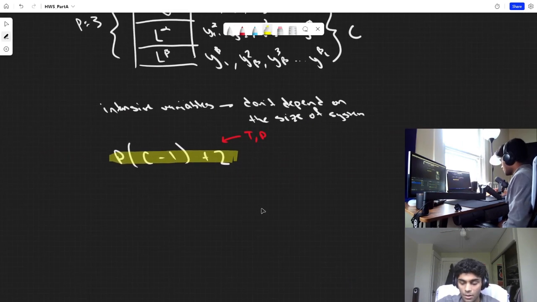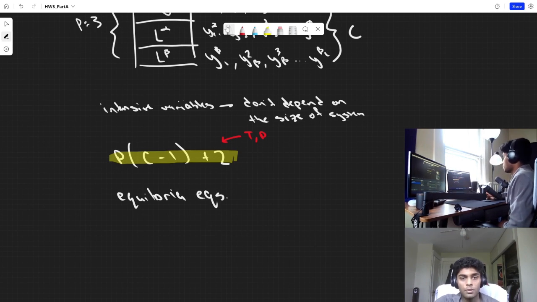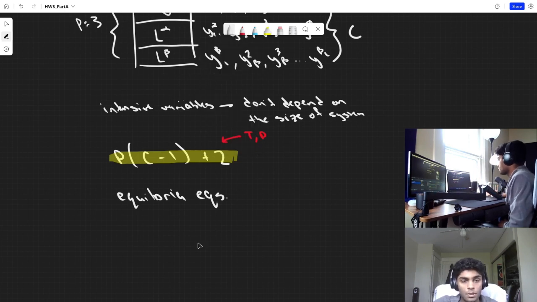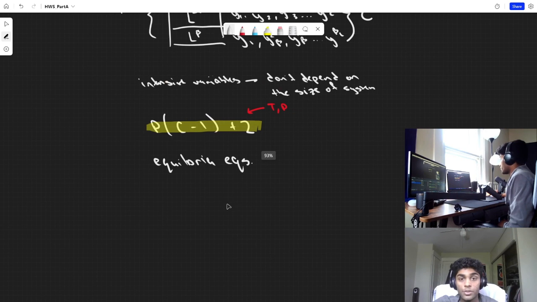Well, now that we have our intensive variables, we can also deal with how many equations we have, right? And we specifically want to look at the equilibria equations. So how many equations do we really have?